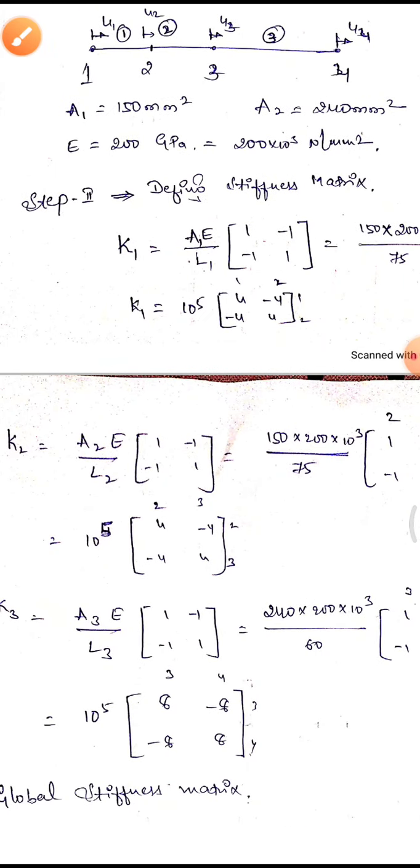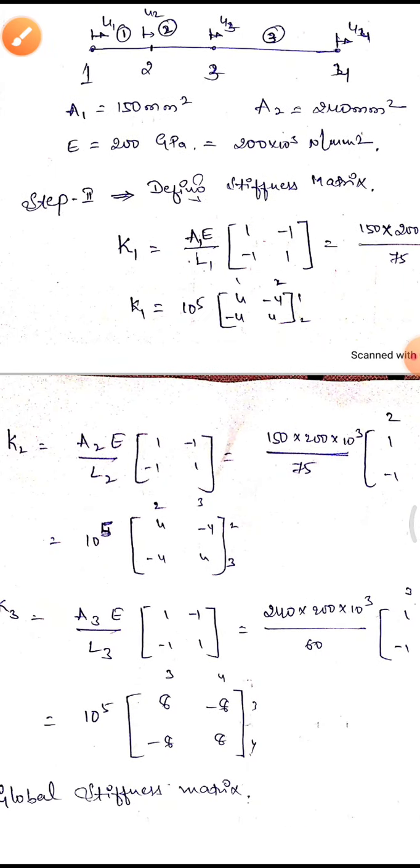So the area is 150, which we have substituted here. 150 into Young's modulus 200 into 10 raised to 3, and the length is 75, which you can see here. Once we substitute this, and here we have written 2 and 3, that is the second element, which is connected between 2 and 3.